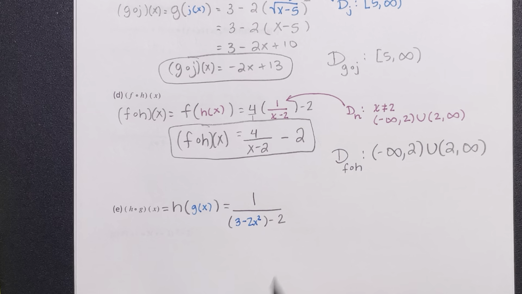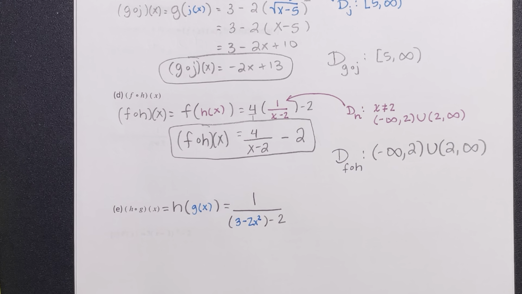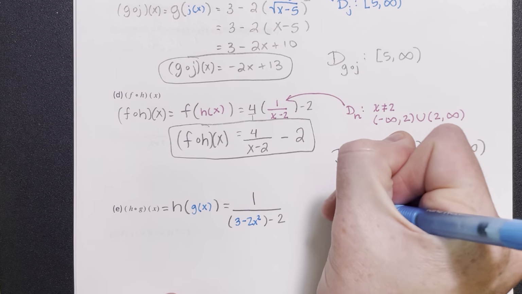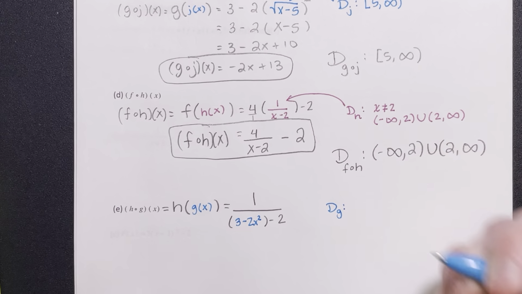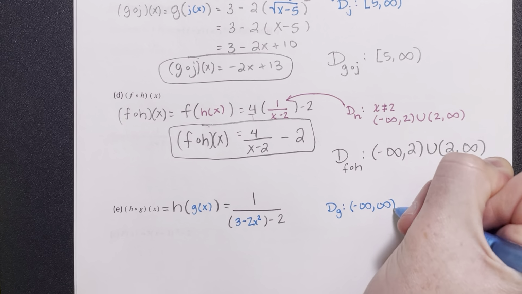As we look at this one, that whole denominator changes. So I'm not just thinking about h, because that's not the input function. Our input function was g, so we need to consider the domain of g, which is negative infinity to infinity.